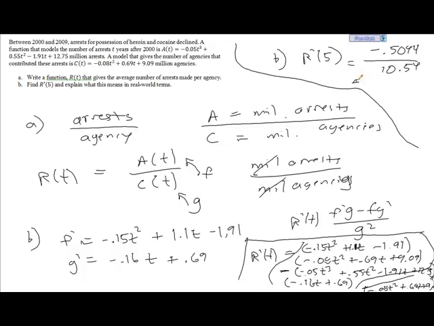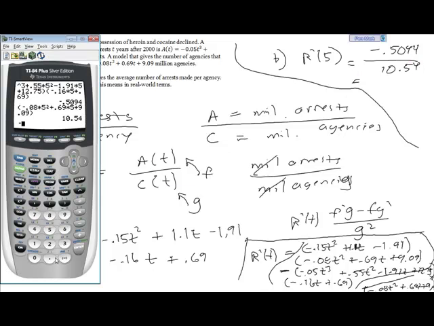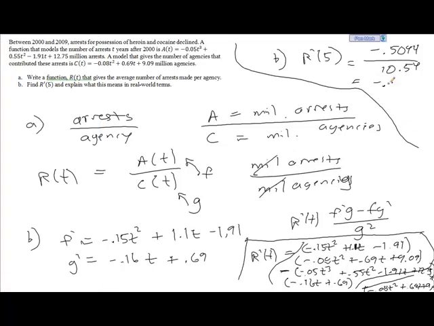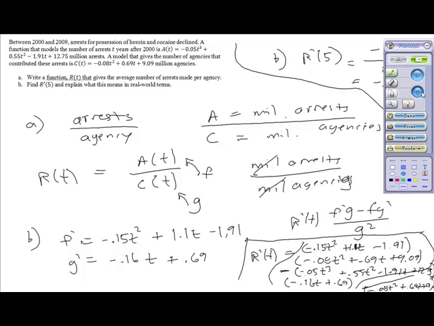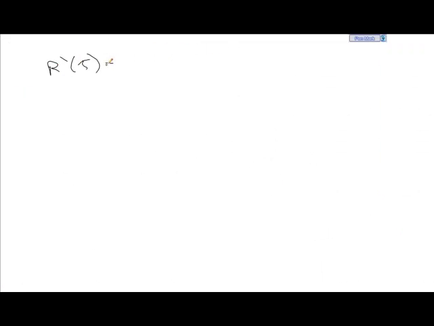Now I can divide these two: negative 0.5094 divided by 10.54, and I get about negative 0.0483. So what does that mean? r prime of 5 equals negative 0.0483.